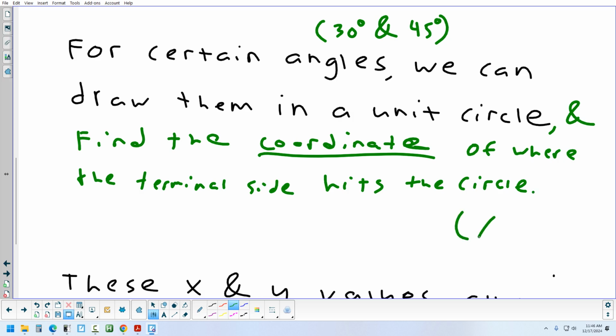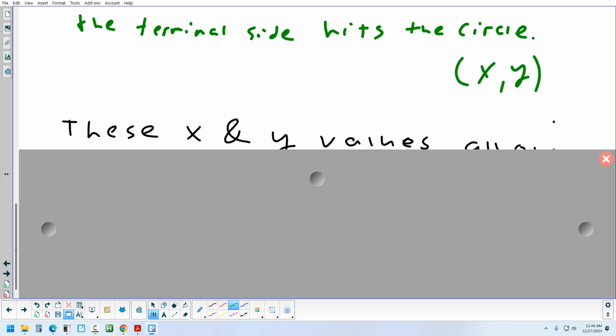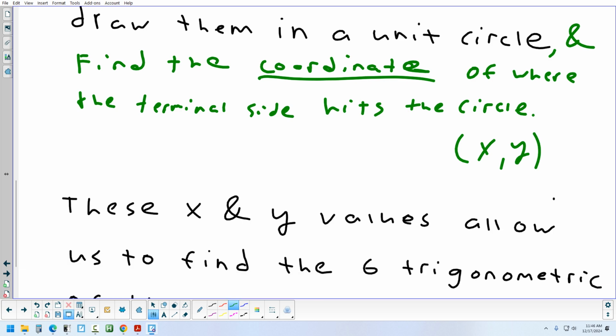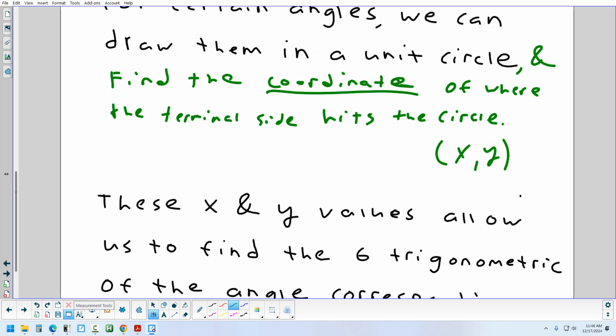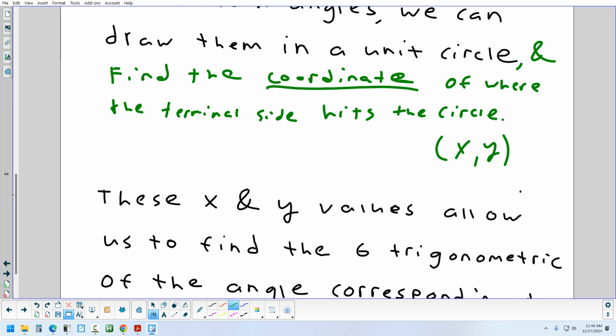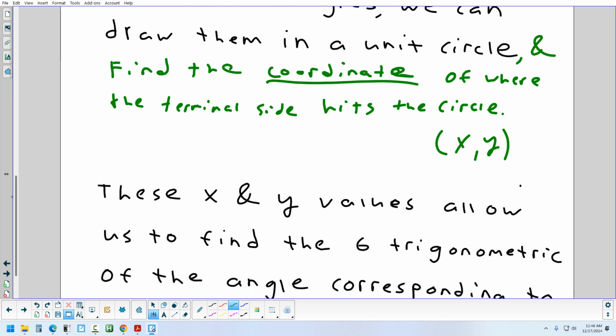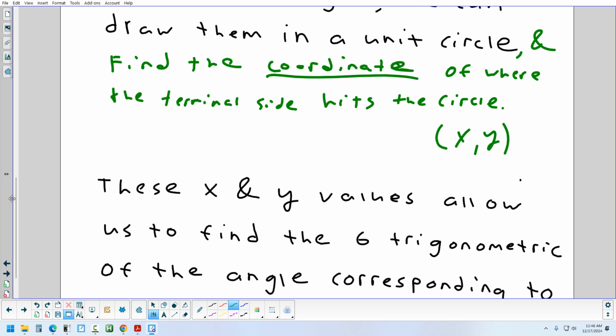Once you find that coordinate, you're going to have two numbers. Right? You're going to have an x, and you're going to have a y. Those x and y values are going to allow us to find the 6 trig functions of our angle.